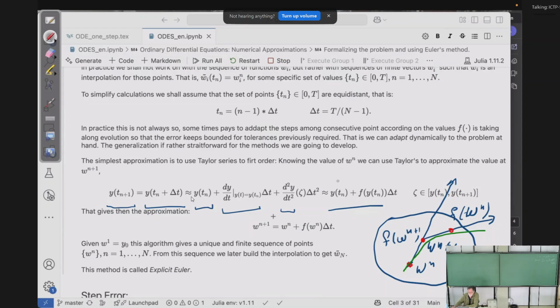So once we compute all this sequence of points, then we do some linear interpolation and compute the W twiddle. So from here we go to the W twiddle of t, right? But we never use this, we just stay here.